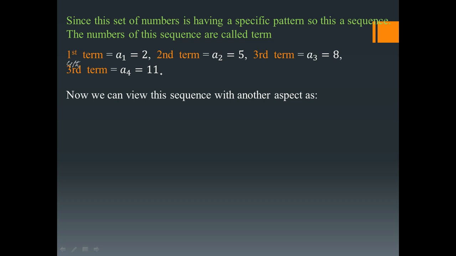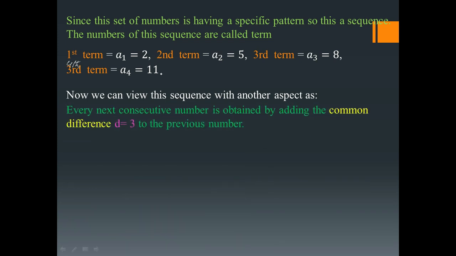Now we can view this sequence from another aspect. Every next term of this sequence 2, 5, 8, 11, and so on: for example, this is the first term and this one is the second term.